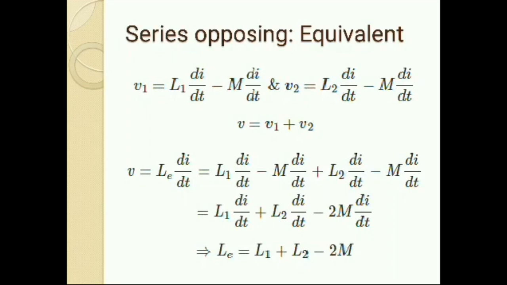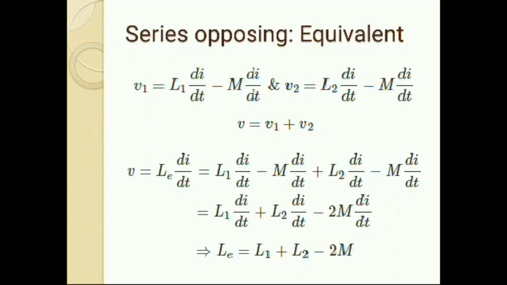As in the earlier case, it's a series connection, so the same current flows through both, and I1 and I2 are replaced by I. V1 equals L1 into di by dt minus M into di by dt, as well as V2 equals L2 into di by dt minus M into di by dt.